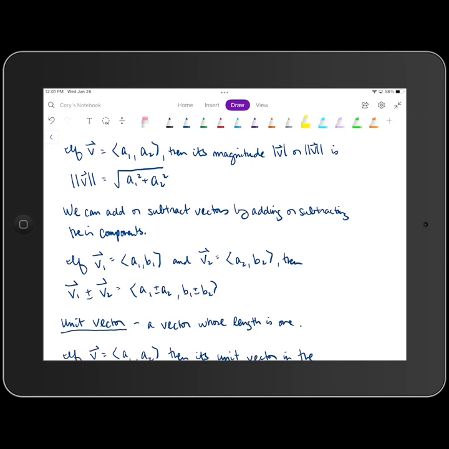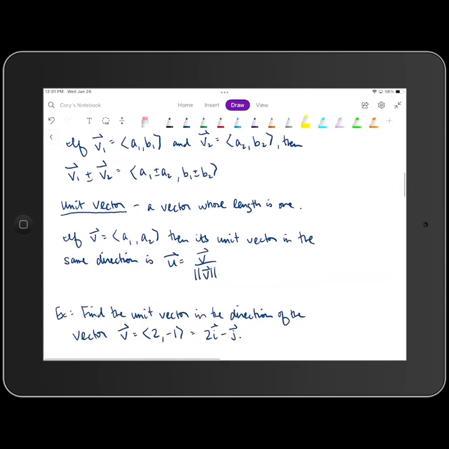So if I want to add vector v sub 1 plus v sub 2, I'm going to take the 2 first components and add them together. So the first component will be a sub 1 plus a sub 2, and then I'm going to take the 2 second components and add them together. So the second component would be b sub 1 plus b sub 2, and we can do the same thing when subtracting 2 vectors as well.